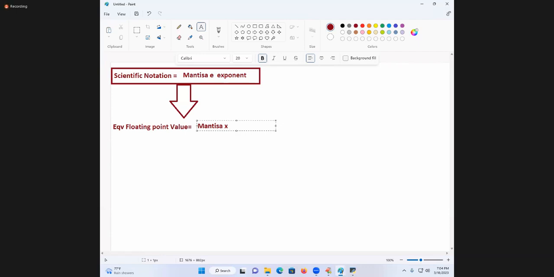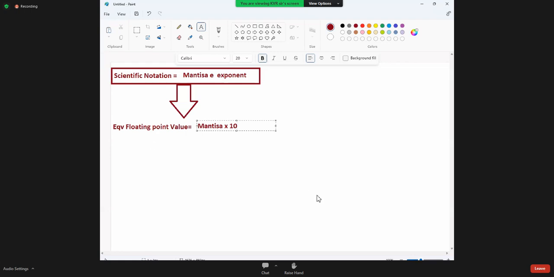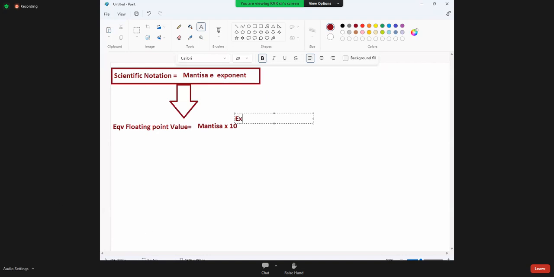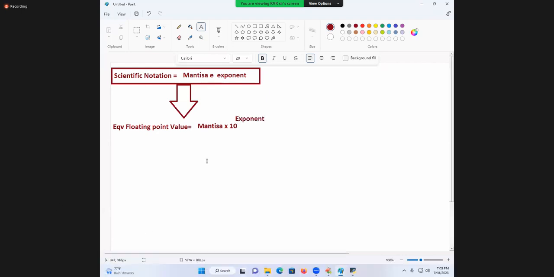Always when E comes to you, you need to take 10 to the power of. So mathematics fundamental it is. This is the equivalent floating point value that will be considered.